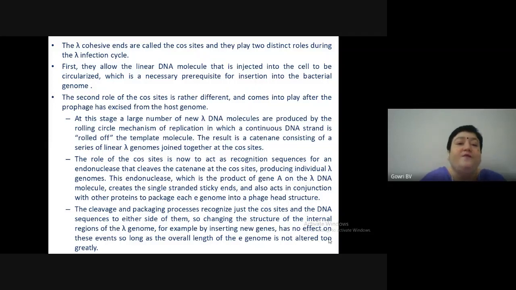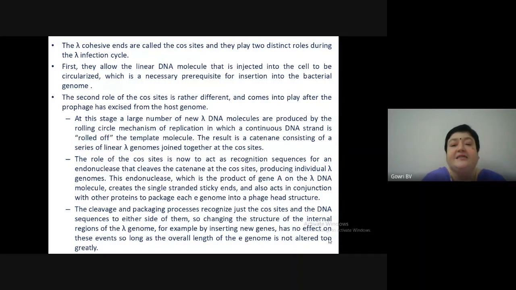The second role of the cos site is rather different and comes into play after the prophage has excised, induced from the host genome by the phenomenon called induction. At this stage, a large number of new lambda DNA molecules are produced by the rolling circle mechanism of replication, in which a continuous DNA strand is rolled off the template molecule.